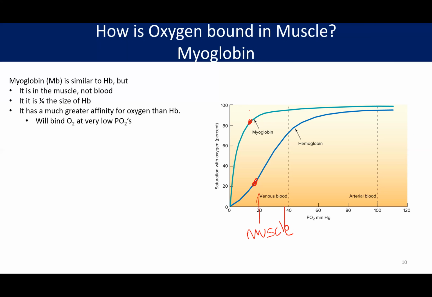One thing that you guys might be wondering about: why would I keep drawing the muscle PO2 lower than the venous PO2? It's not an error. The venous PO2, your venous blood, is a mixture of blood from active and inactive tissues, tissues that are consuming oxygen and tissues that are not.